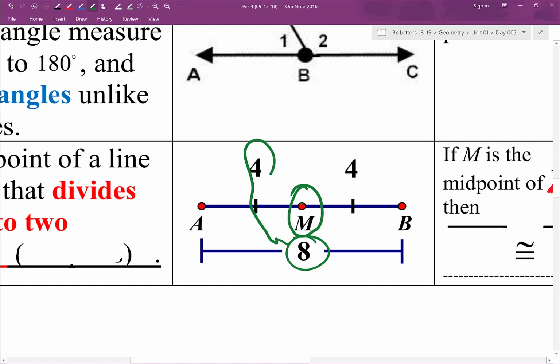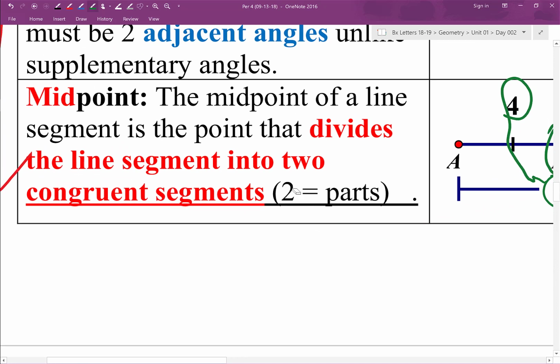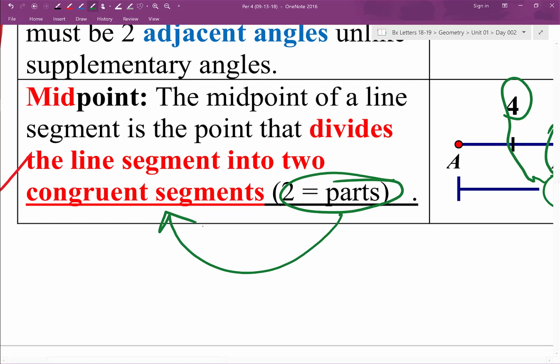And what do you notice about those two parts? And that's literally what a midpoint does. It splits it into 2 equal parts. And what we'll say in geometry classes, congruent. Midpoint is a segment. Good?